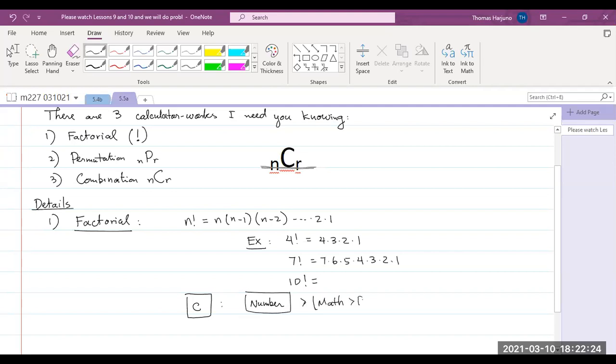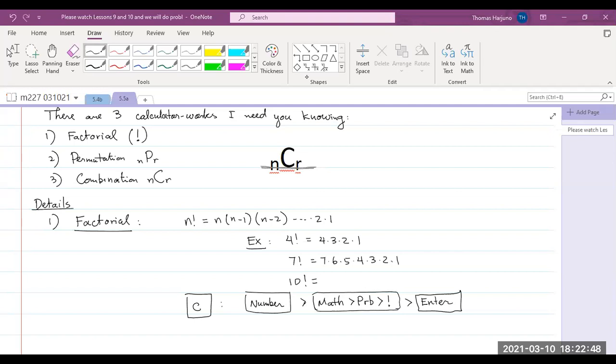Math, number, PRB, exclamation mark. Now, if you already have your TI-84 or TI-83, please follow me with your calculator. If you don't have the handheld one, I hope you have the one you downloaded to your computer.